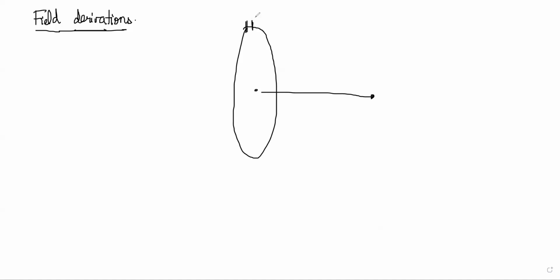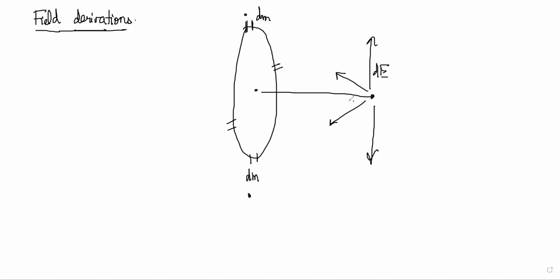You have to realize that every dm creates a field like this, dE. But there are diametrically opposite masses, right? Every time there is a diametrically opposite mass, the components, for example for this one and this one, the vertical components will get cancelled.